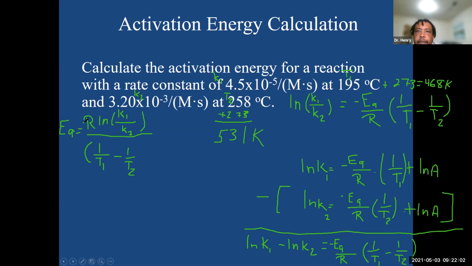And let me not forget my minus. So then I can just plug those numbers in. My EA is going to equal minus 8.314 joules per moles Kelvin.